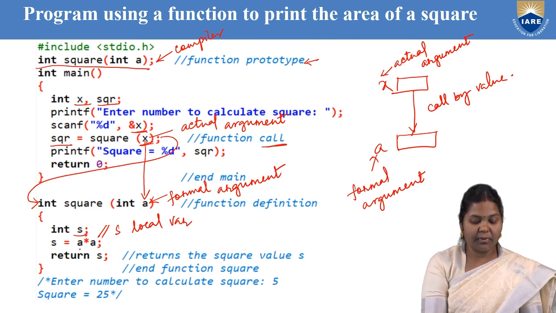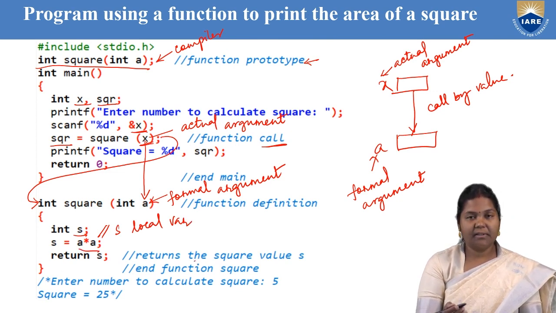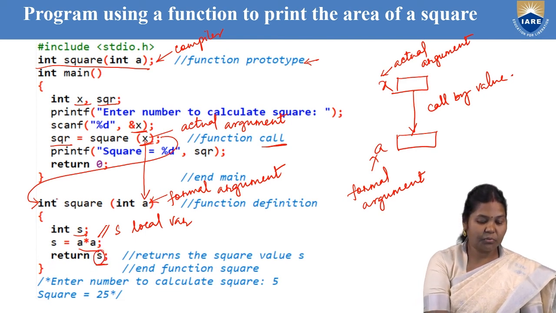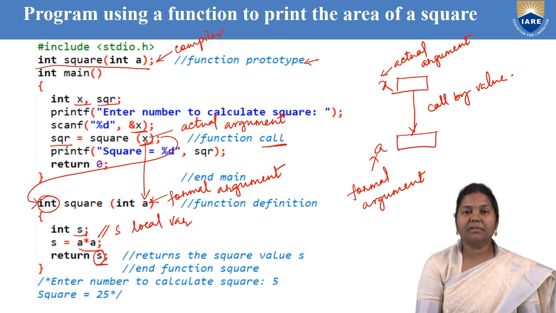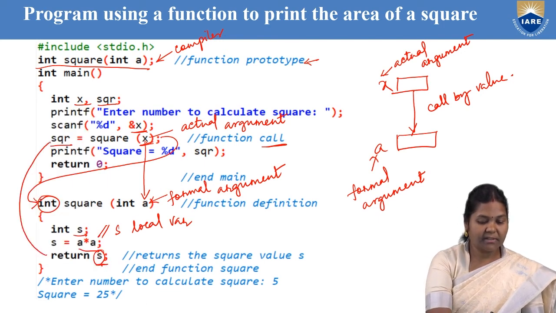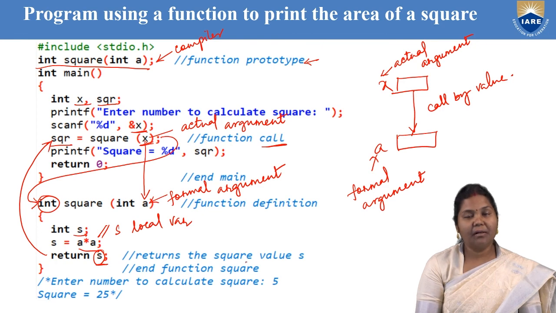So s is equal to a into a, that is, the number is multiplied with itself to find its square, and then we are returning the value of s. The return value is of integer type. We have written the return data type of this function as integer, and the return value must be received by the caller. That's why the return value is received back by the sqr variable.